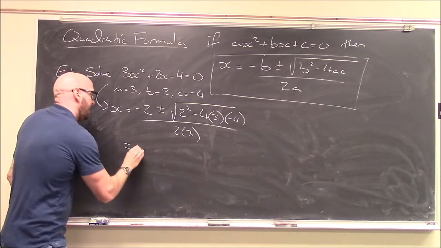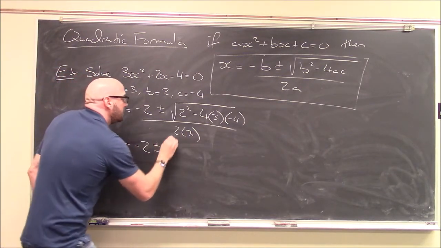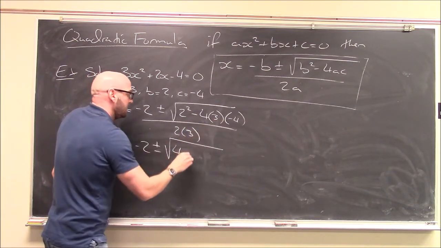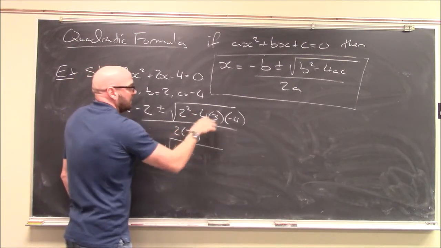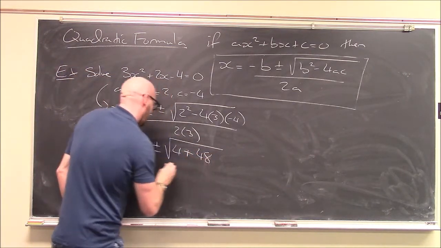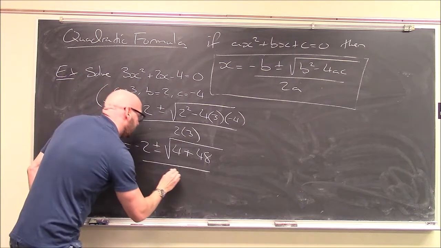So that's minus 2 plus or minus the square root of 4 minus 4, this is plus 16 times 3, 16 times 3 is 48, over 6.